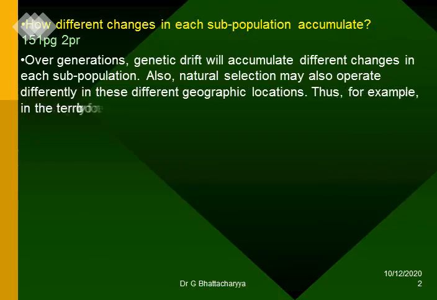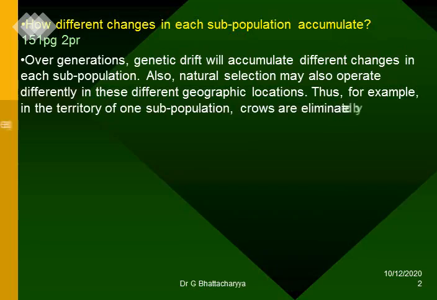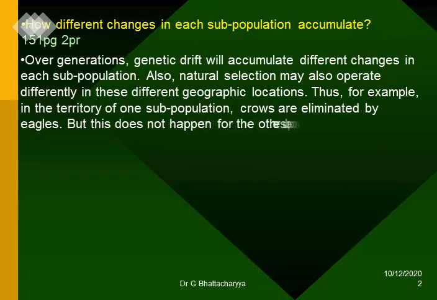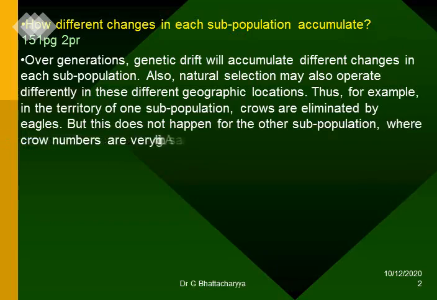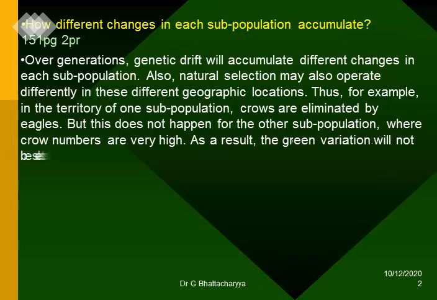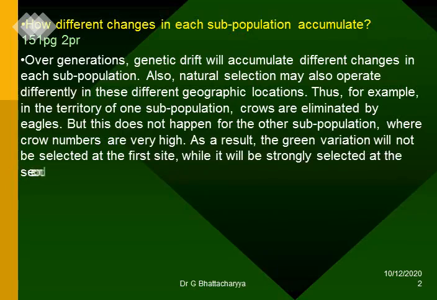Thus, for example, in the territory of one subpopulation, crows are eliminated by eagles, but this does not happen for the other subpopulation, where crow numbers are very high. As a result, the green variation will not be selected at the first site, while it will be strongly selected at the second.